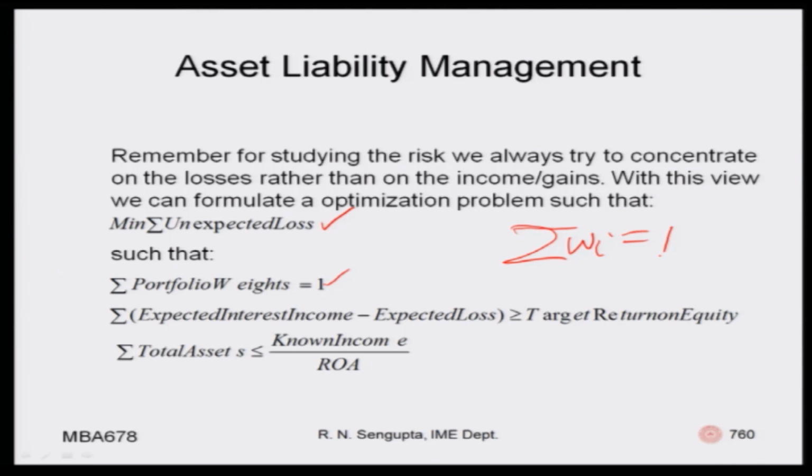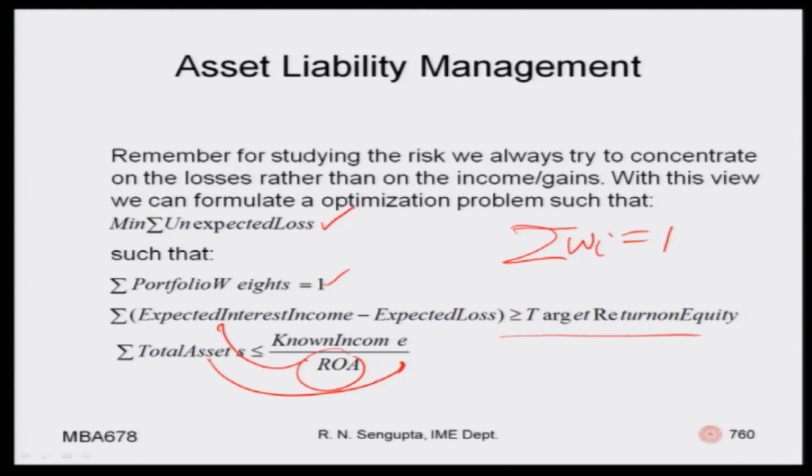if you remember, we did in the initial classes. The expected income minus the expected losses should be greater than the target return. So, whatever the target return is, the difference between the incomes and outflows should basically be more. And total assets should be, if you want to find out the ratios, return on assets: on the left hand side, net income divided by the total assets will give you a ratio.